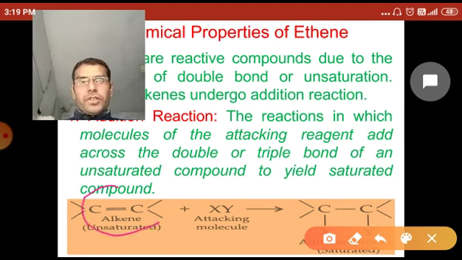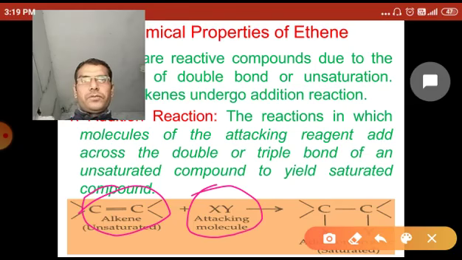So here in the alkene, the double bond is present. The attacking molecule is X and Y. X and Y attack on the alkene and break down its double bond. After the double bond breaks, one carbon gains a positive charge and another carbon gains a negative charge. The attacking molecule also gains positive and negative charges, suppose X plus and Y minus.